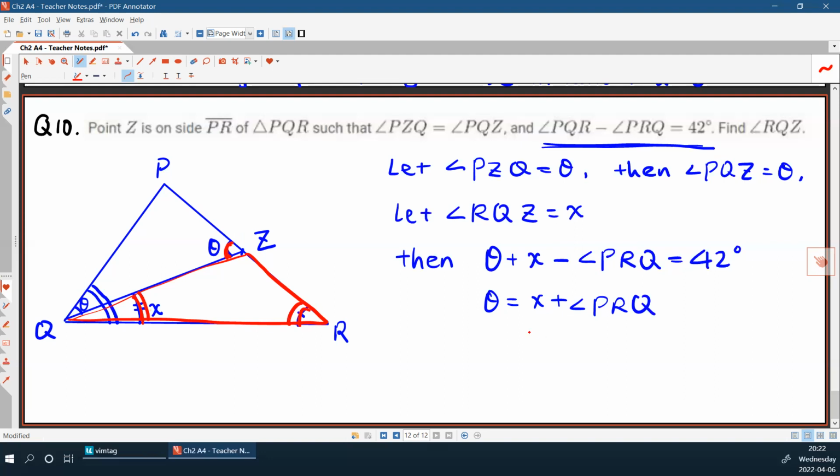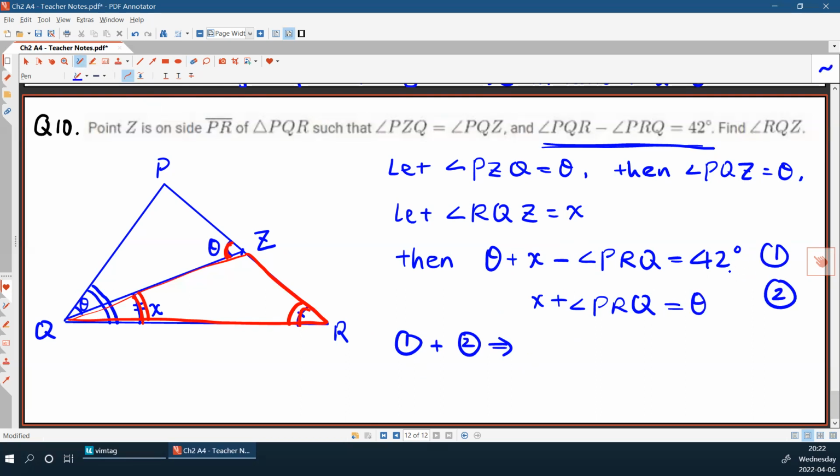Yeah. All right. So basically now we have two equations. Let's call these 1 and 2. Equation 1 plus equation 2 will give us, okay, let's move theta to the other side.